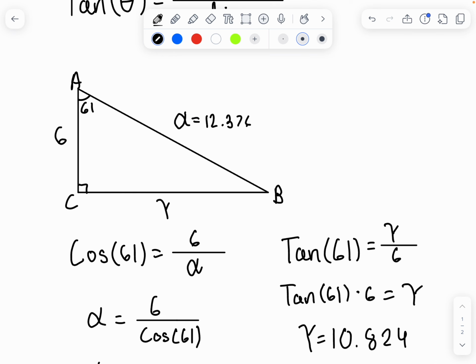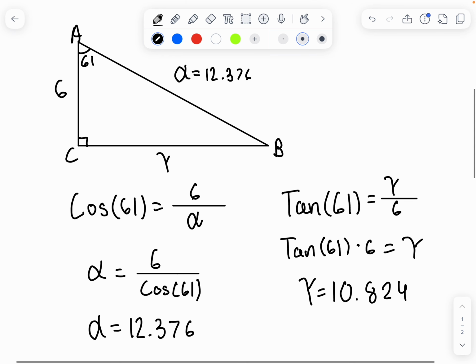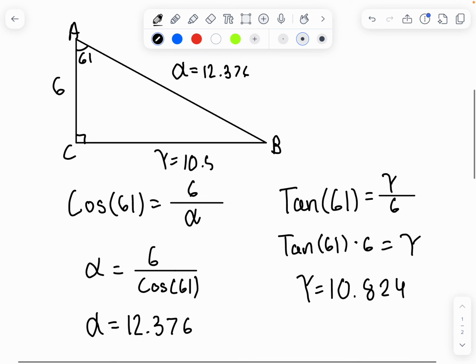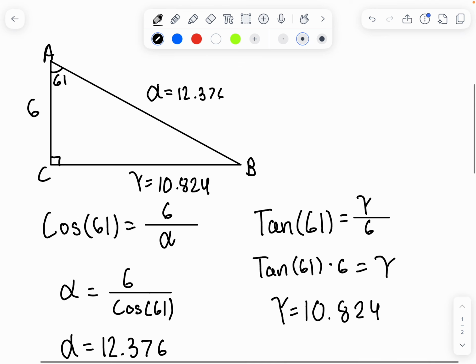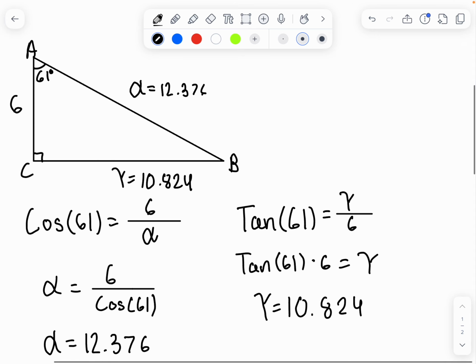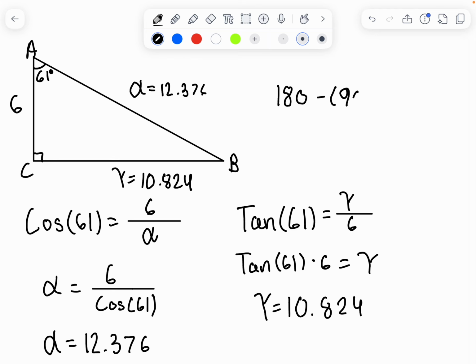And time for the last part. Now that we have this value as 10.824, the only part left that we need to solve is the angle of B. For that, we can just do 180 minus 90 plus 61.